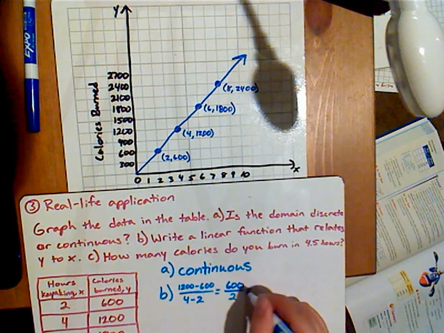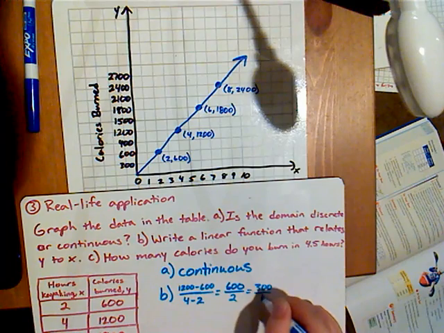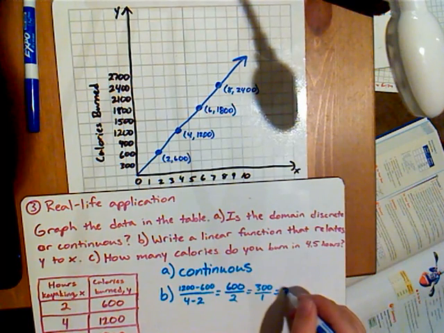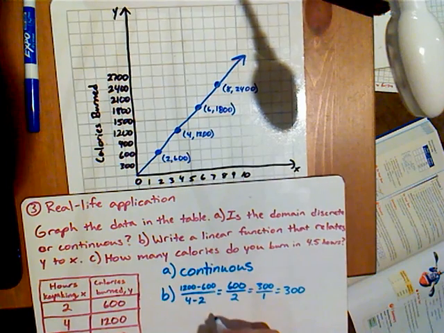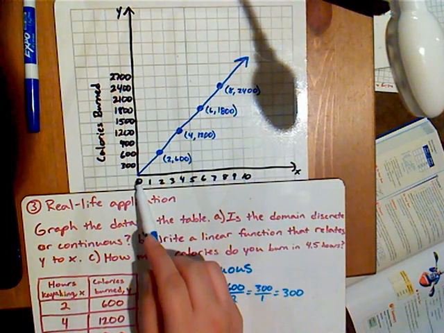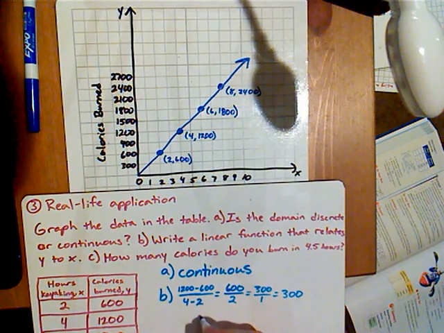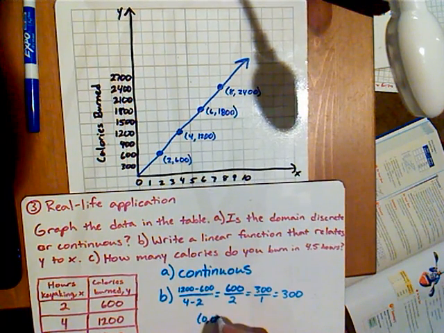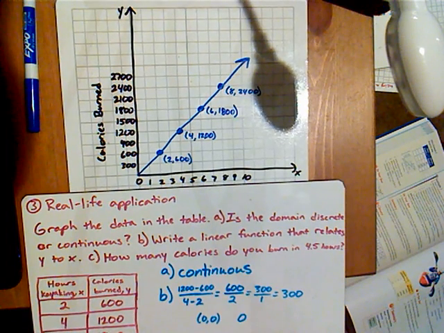And we can reduce that to 300 over 1, or 300. So our slope is 300. Our y-intercept is going to be at 0. Our point is 0, 0. So our y-intercept is 0.